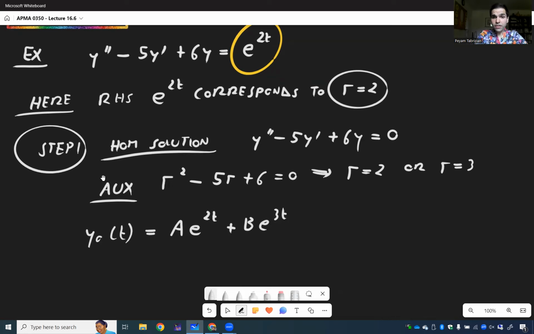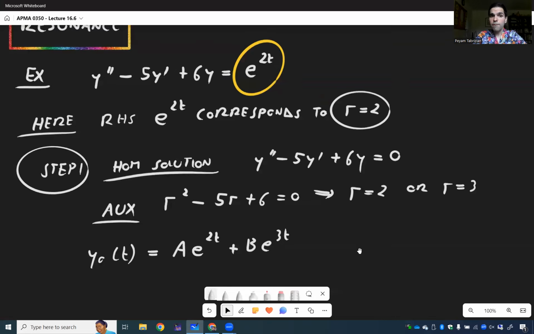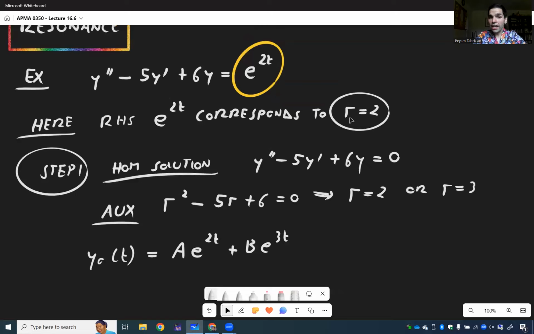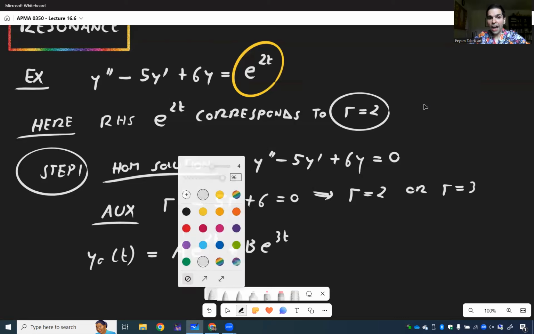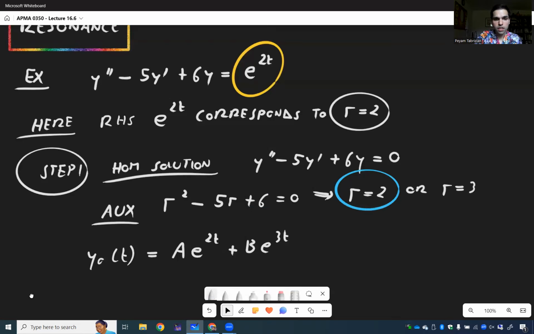Now notice, there's something important going on because we said the right-hand side corresponds to r equals 2, but this coincides with one of the roots of the homogeneous equation.